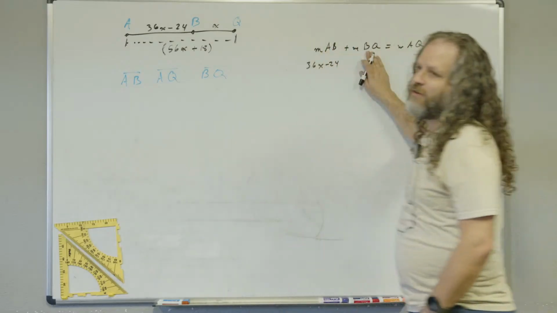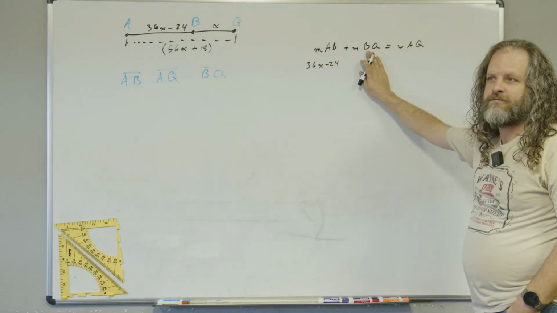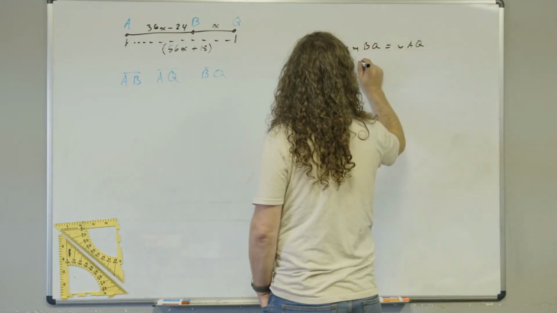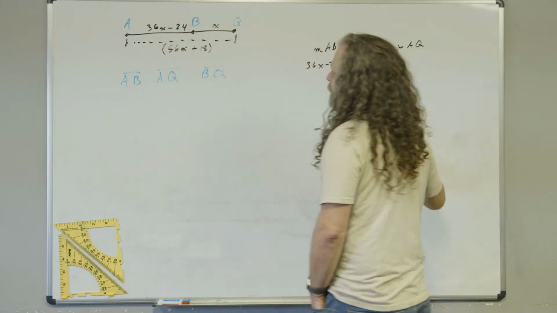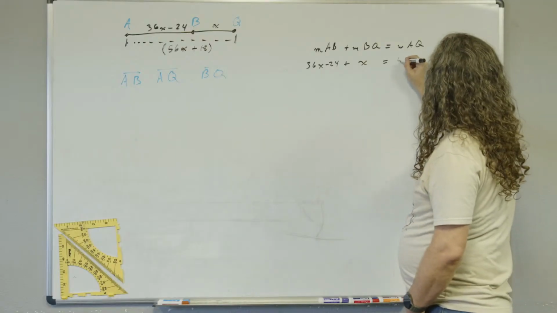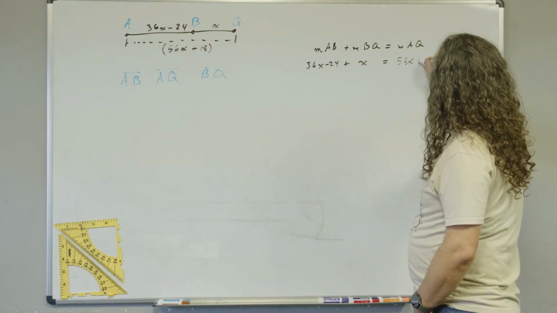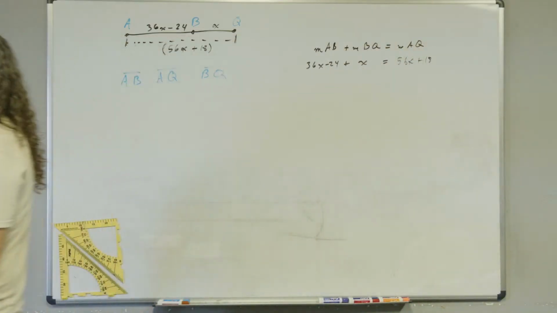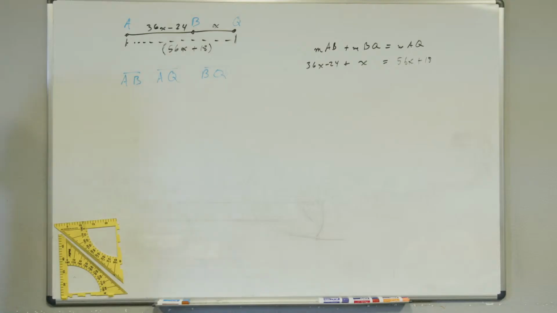What does BQ equal? x. So this plus x equals, what does AQ equal? 56x plus 18. And then you just solve that equation, you've got x equals some negative number, which is impossible, I know, but that's what's going to happen. Simple algebra, you got this.